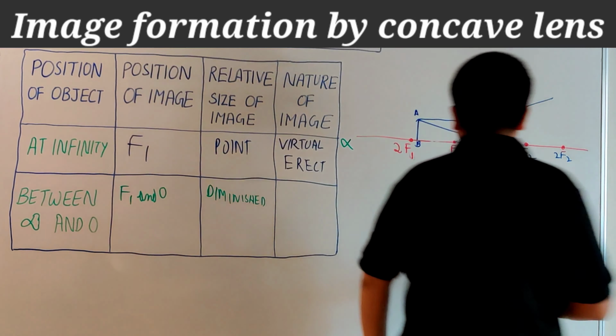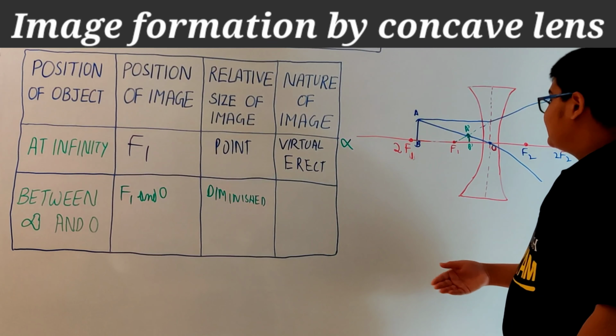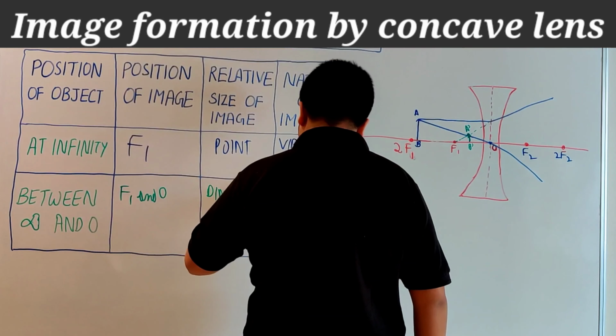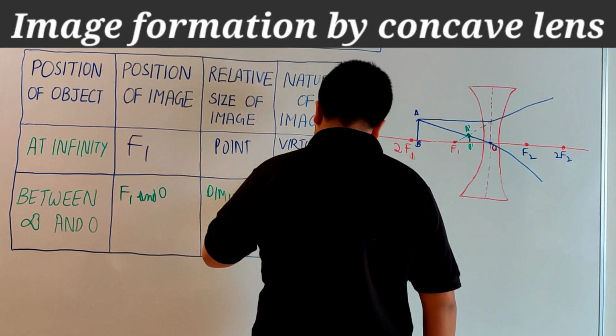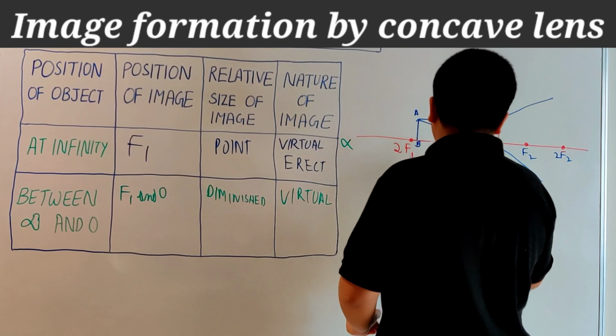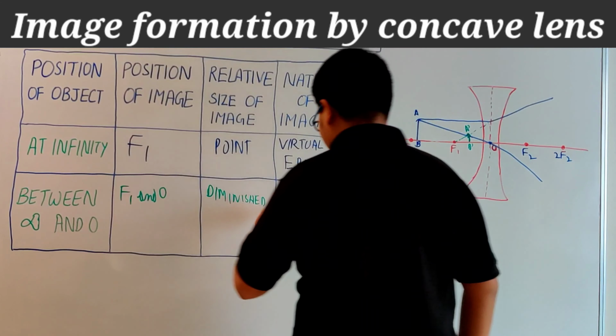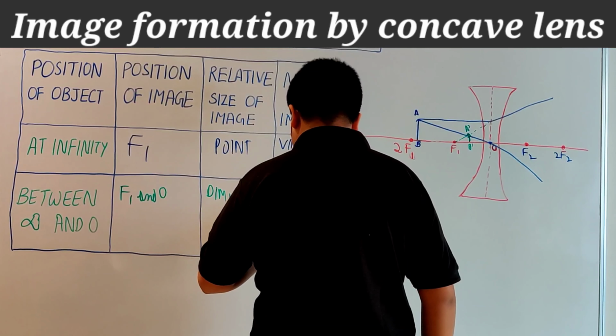Also you can see that this time again the rays are not actually meeting, they are just appearing to meet. So virtual image. Also you can see that the image is above the principal axis, that's why erect.